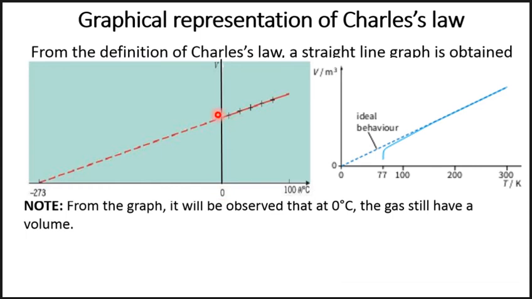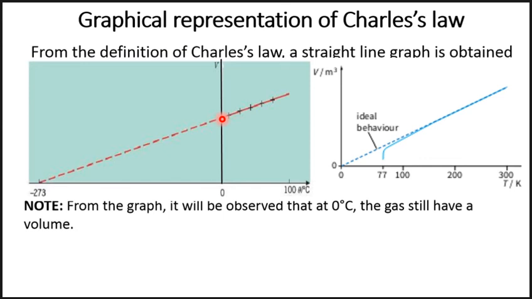Yes, it still has a volume. Unlike this, at Kelvin, the gas has no volume. But in terms of degrees Celsius, the gas still has a volume in this region. Why? The reason is because the gas liquefies. It liquefies at that temperature.